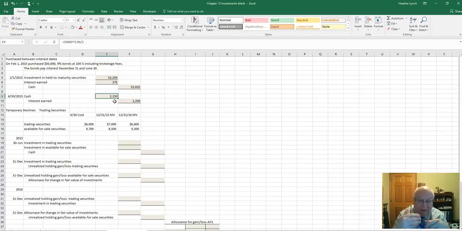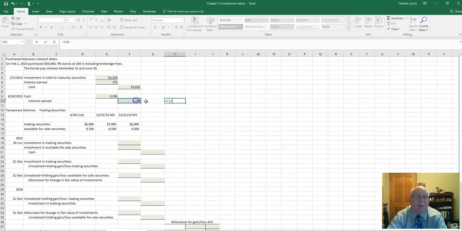And you notice, even though you bought it between interest periods, you don't worry about how much you have. So the actual interest received, what you report on the income statement, would be the 2250 minus the 375. That would be the amount that you would actually report. So if you wanted to see how much interest you report on an income statement, you take 2250 minus the 375, is 1875.